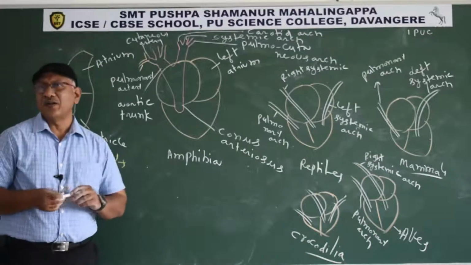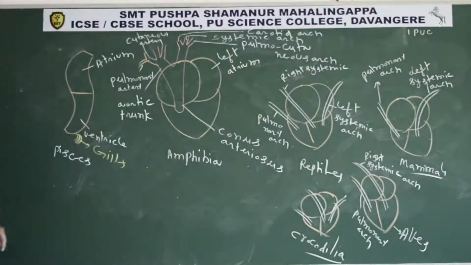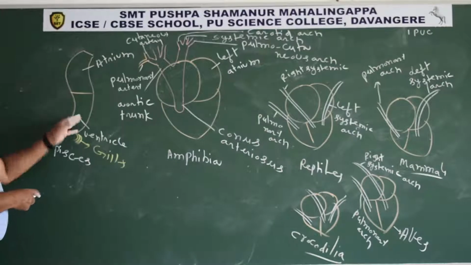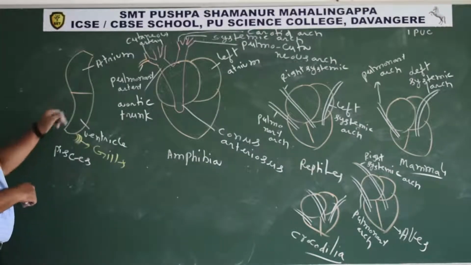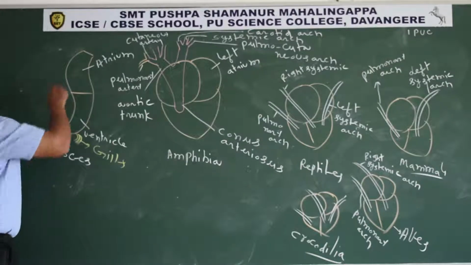So heart in different vertebrate groups. In Pisces, heart is S-shaped.